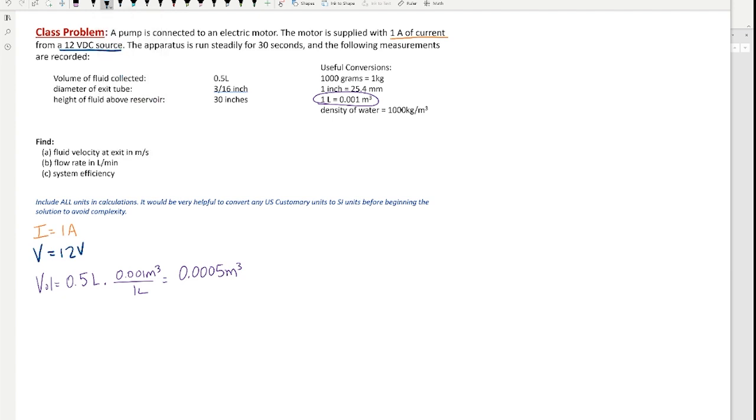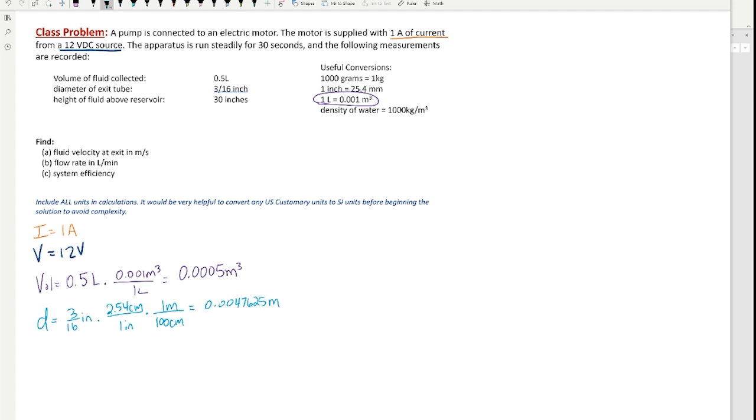Now I'm going to continue writing my known information. I know that I have a diameter of the exit tube equal to 3/16 of an inch. Again, there's a red flag here because that's in inches, and I want this to be in metric or SI units, and so I know that there are 2.54 centimeters in 1 inch, and 100 centimeters in 1 meter, which is equal to 0.00472625 meters.